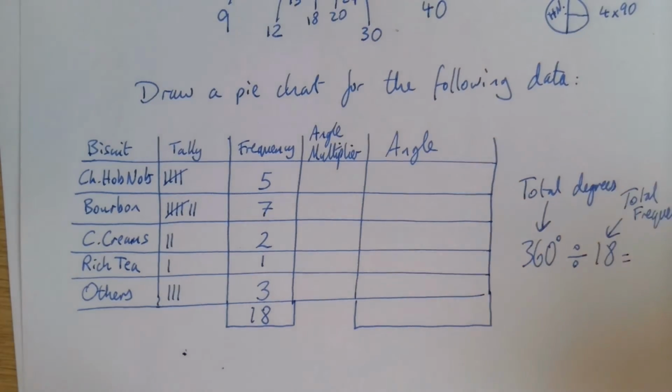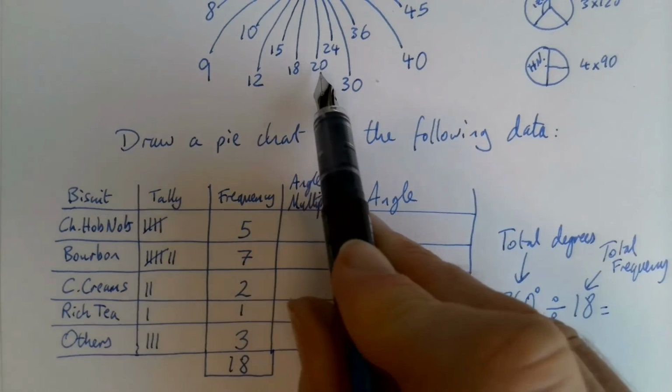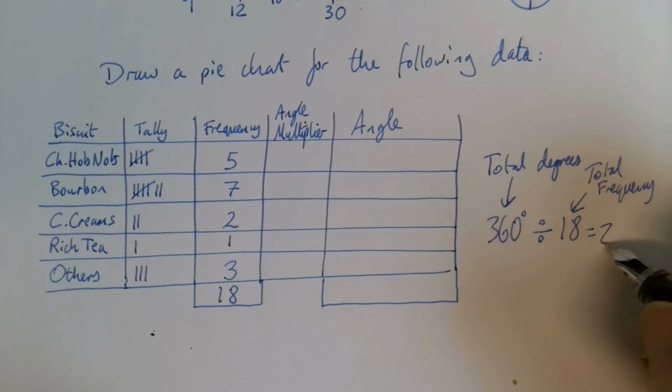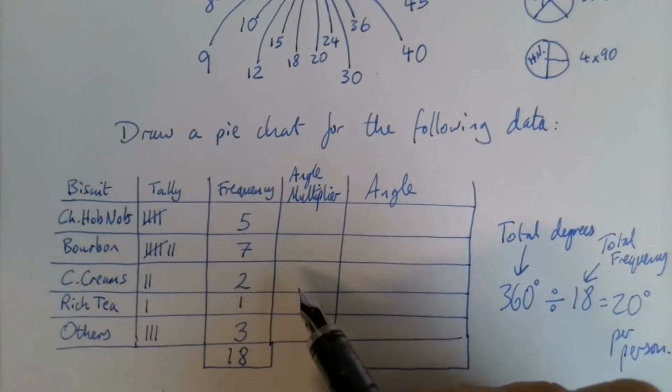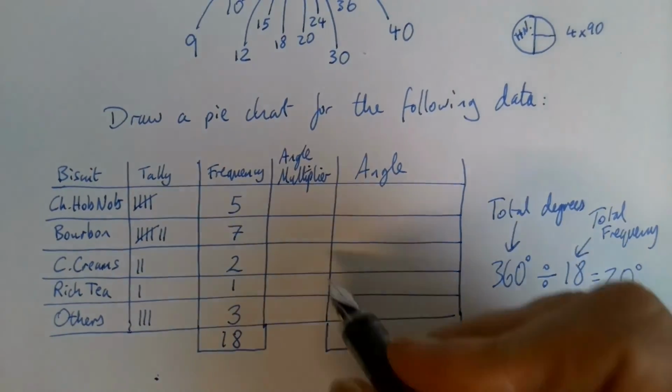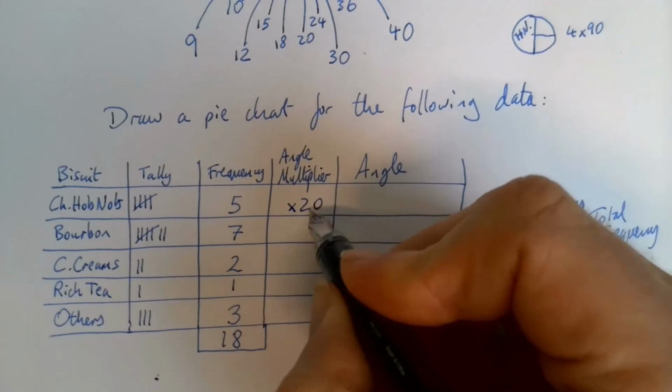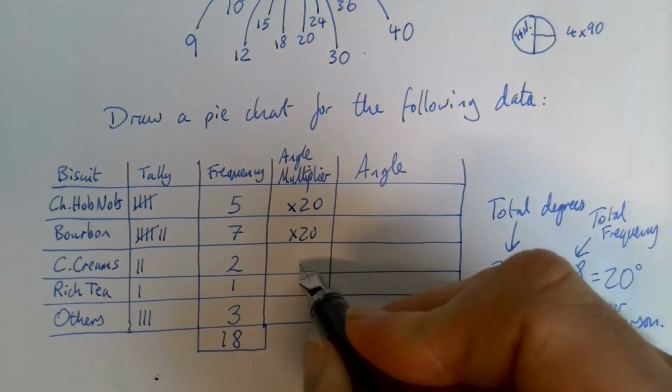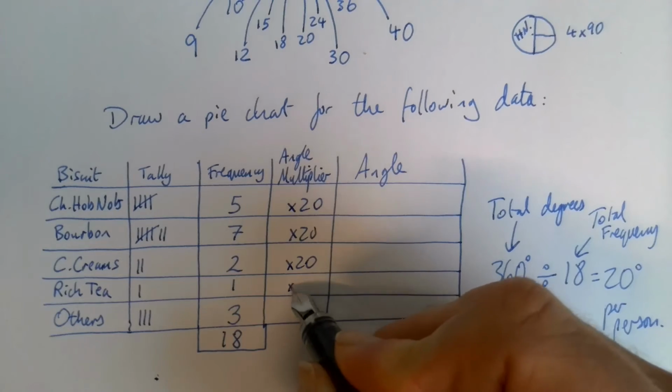So 360 divided by 18, we know that 18 times 20 makes 360, means 20 degrees per person in this case who likes whichever biscuit. So that means as each one is worth 20 degrees, that is our angle multiplier.